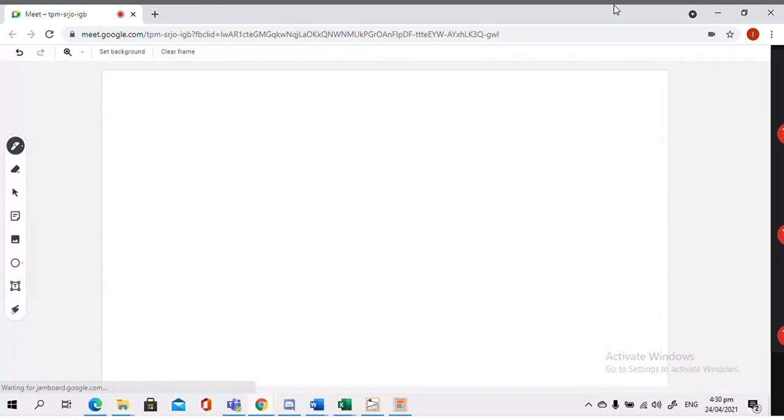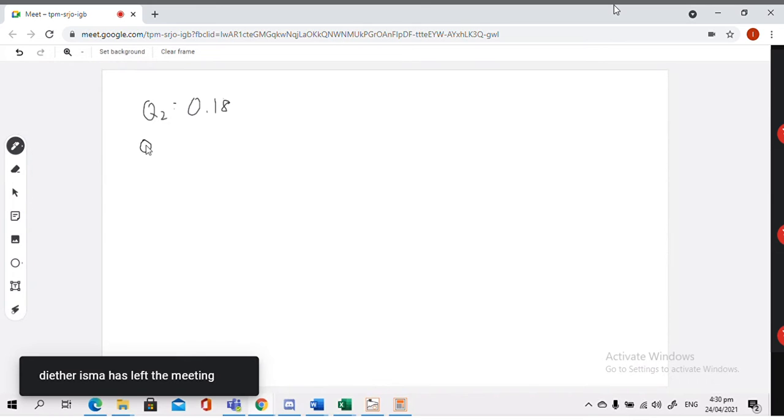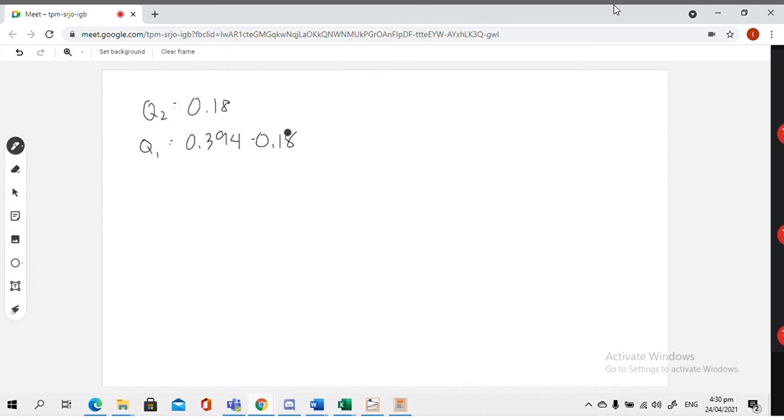So Q2 comes to 0.18. So Q1 is equal to 0.394 minus 0.18, so that is 0.214.